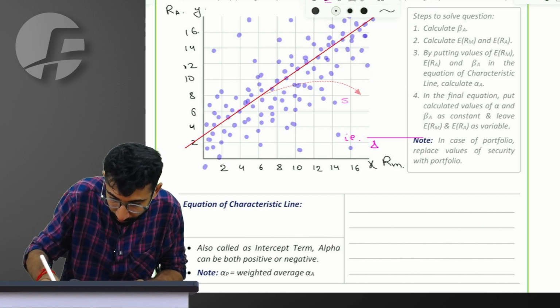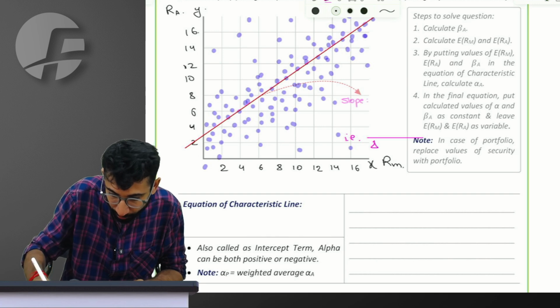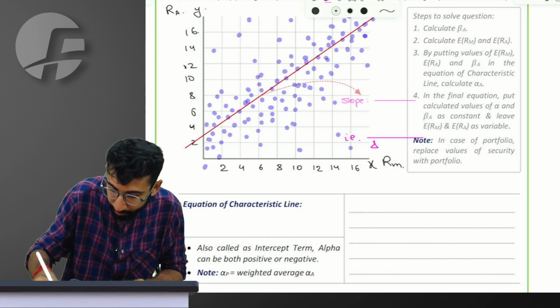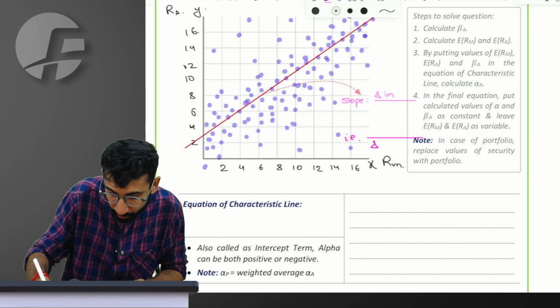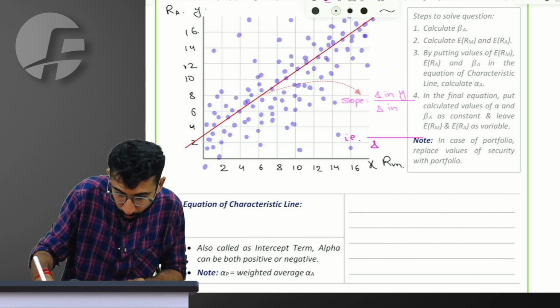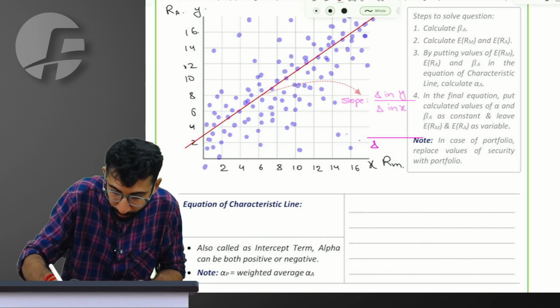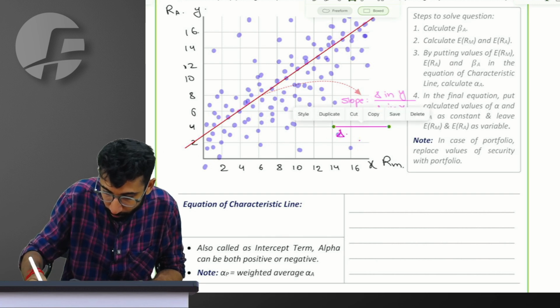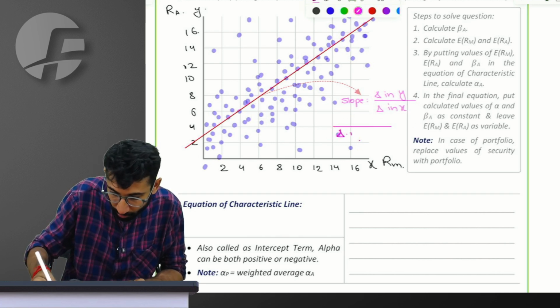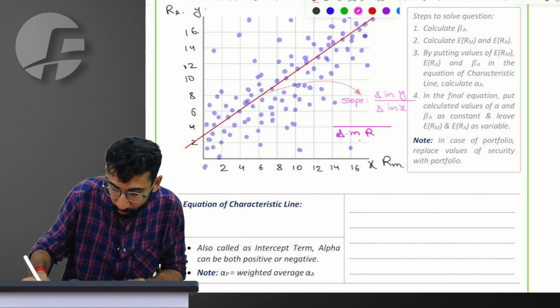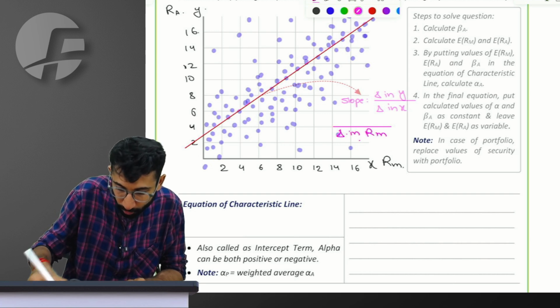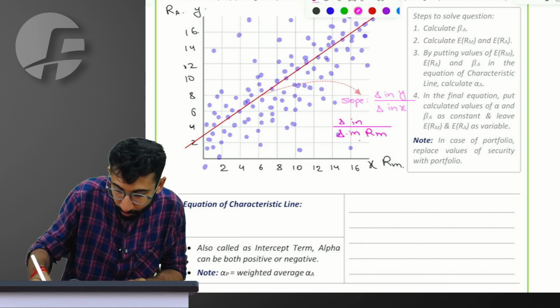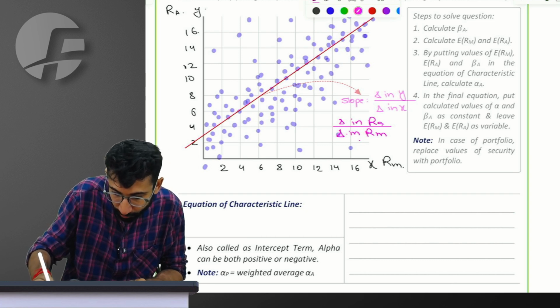So the formula of slope, as I know, is change in y due to change in x, and for us the formula becomes change in return of security due to change in return of market.